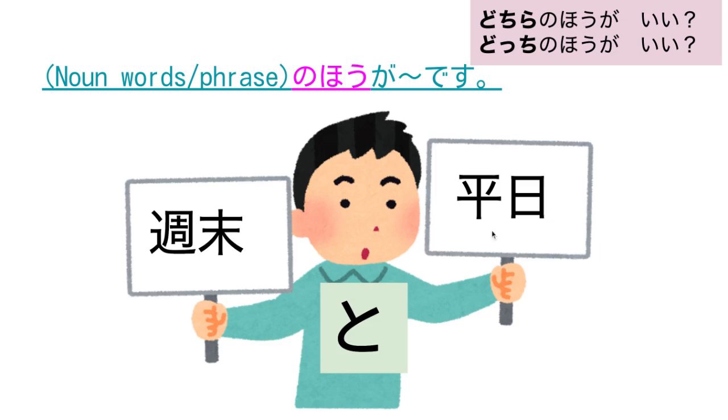So between the weekend and the weekday, you're just going to connect with the と。週末と平日。You don't have to put the と all the time. 週末と平日 that's fine. Or 週末と平日とどちらの方がいいですか or どちらの方が好きですか, どっちの方がいいですか, どっち is more casual form.